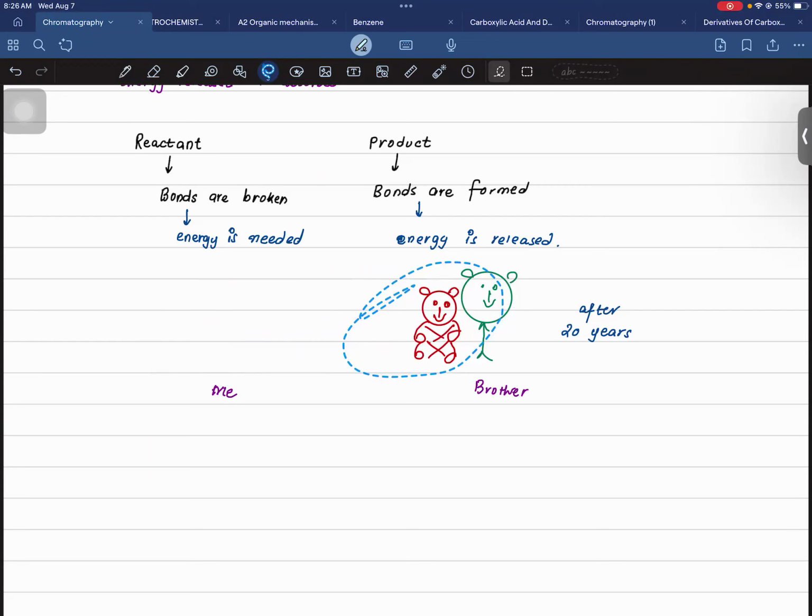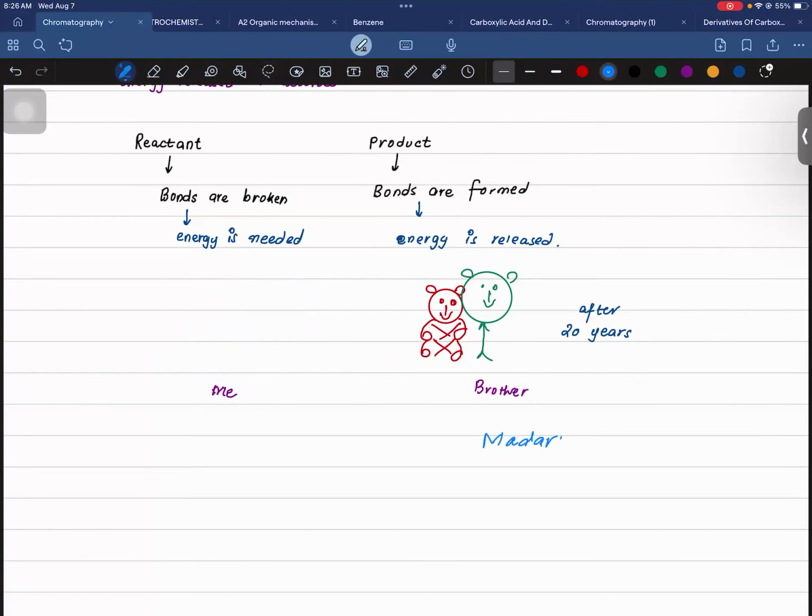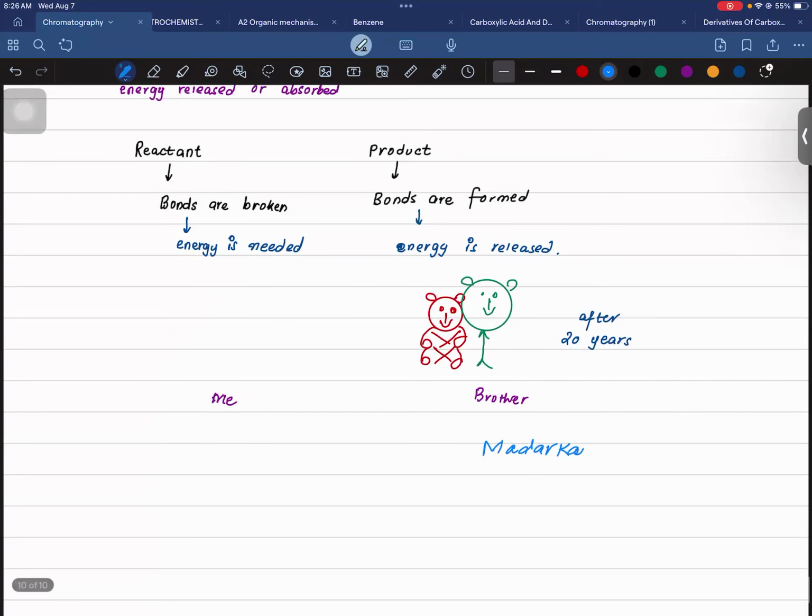Remember, when the bonds are going to be broken, let's suppose someone is going to separate me from my brother while I'm hugging him. They have to provide some energy.